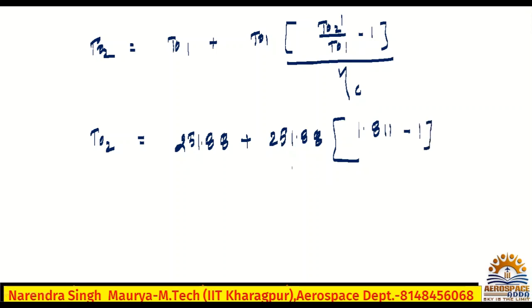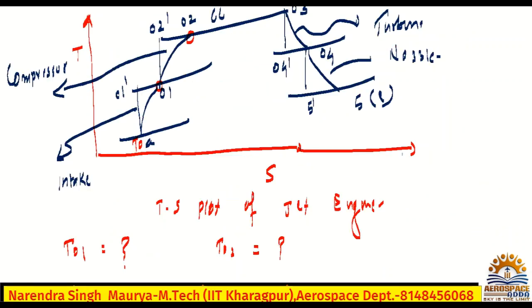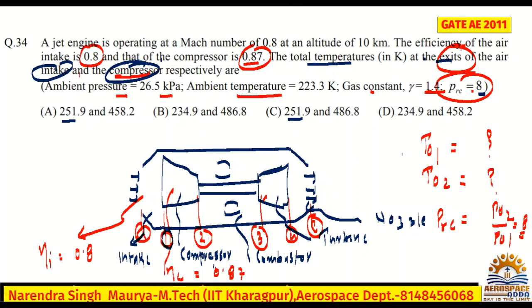Okay, divided by eta C. Check the compressor efficiency, how much it is given? It is 0.87.